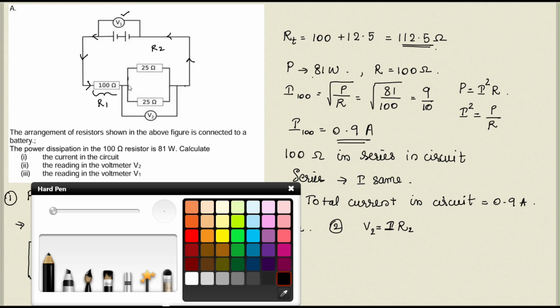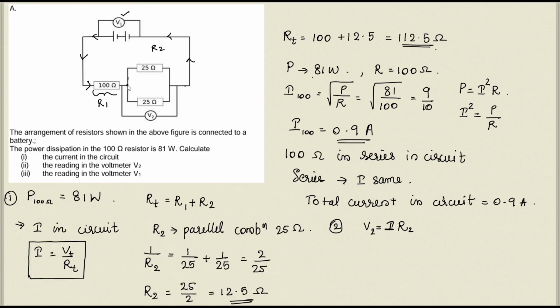The current will split at this particular junction once it reaches this point, isn't it? The 0.9 ampere current will split, but when it recombines here, again it becomes 0.9 ampere. So we have to find the voltage across these two points only. The total current passing through this parallel combination is 0.9 ampere. The splitting, we don't need to know.